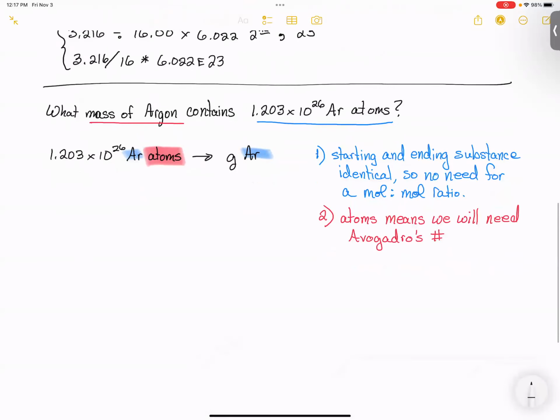Avogadro's number is 6.022 times 10 to the 23rd of anything, in this case, argon atoms, is equal to 1 mole of argon in this case.